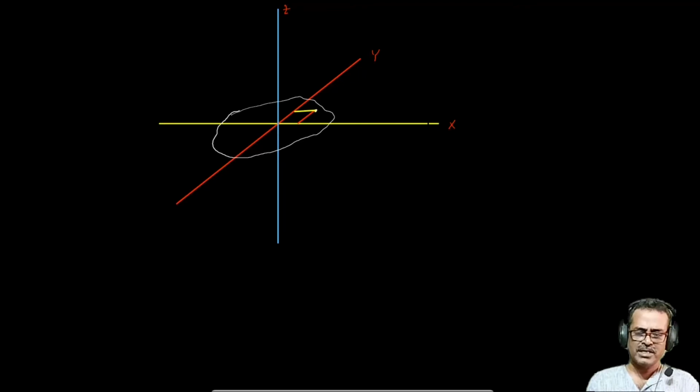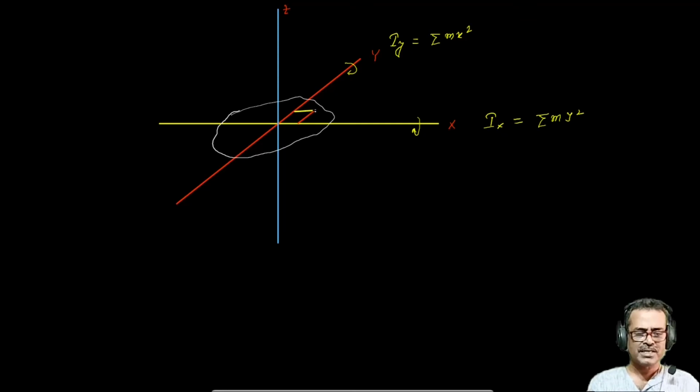If the body rotates about the x axis, then moment of inertia Ix is equal to sigma m y square. When it rotates about the y axis, Iy is equal to sigma m x square.